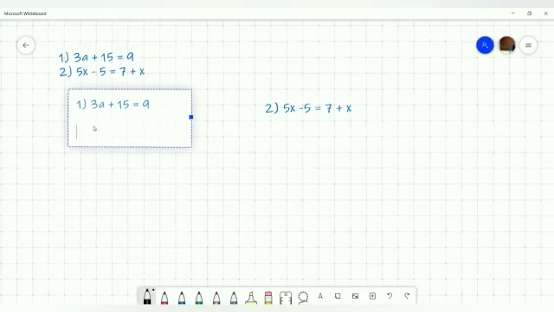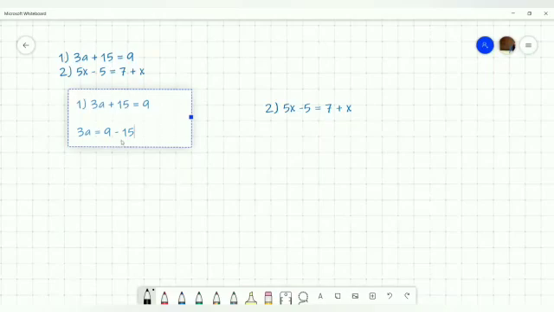First we will write 3a is equal to 9 minus 15. As I said, first we will remove this 15, and in order to do that, we will shift it on the right hand side. Because it is added over here on the left hand side, when we are shifting it on the opposite side, we will subtract it.